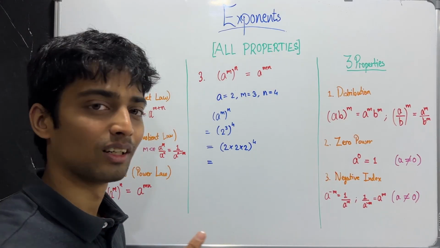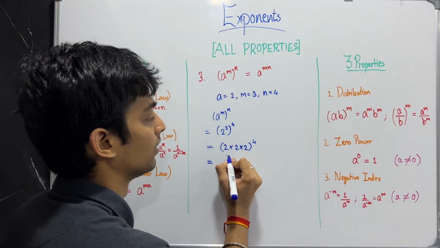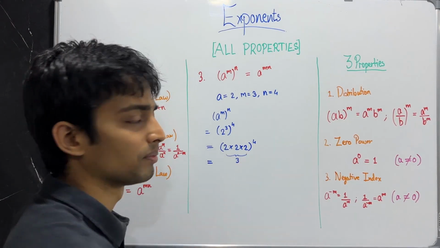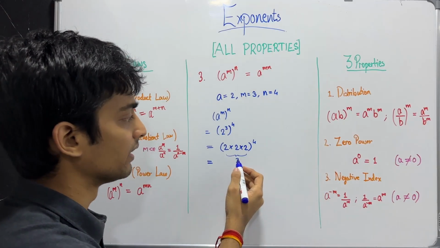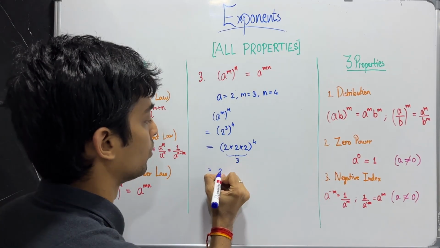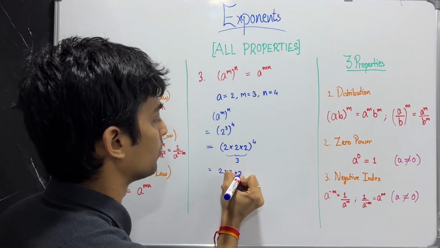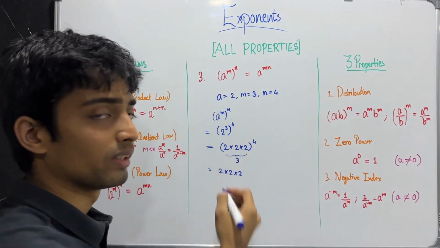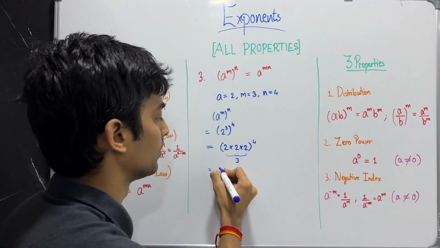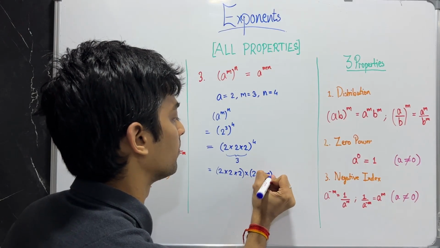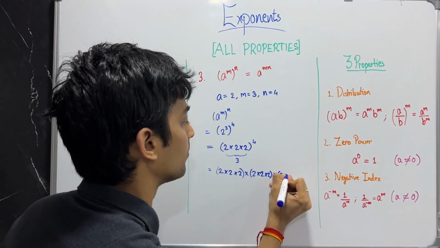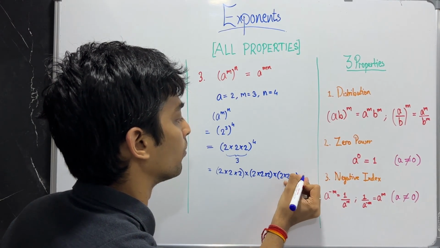Right, there will be 12 2's, because here there are 3 2's, and if this whole thing gets multiplied by itself 4 times, then there will be 12 2's. Let's check. 2 multiplied by 2 multiplied by 2. So this whole thing we have to multiply 4 times. So this is 1 time, then 2 times, then 3 times, then 4 times.